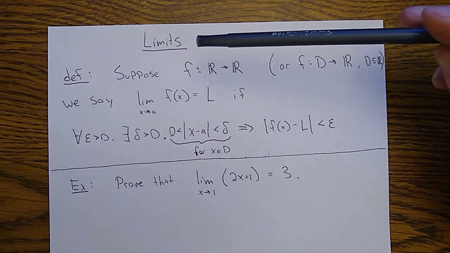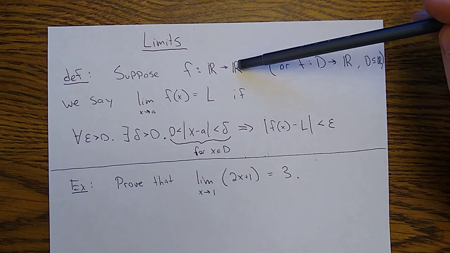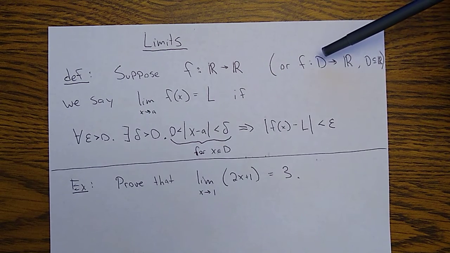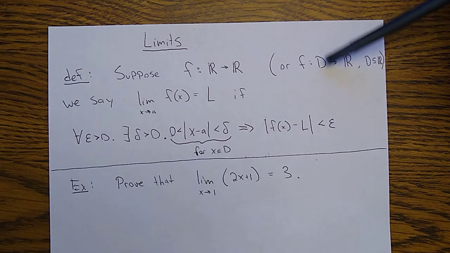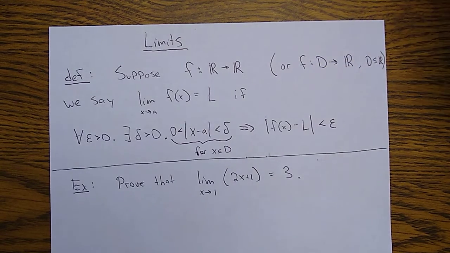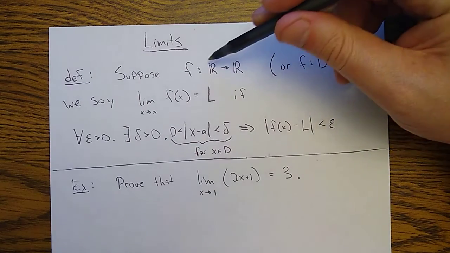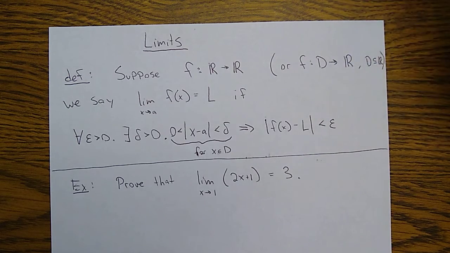But suppose we have a function, say from the real numbers to the real numbers, or actually maybe if D is a subset of real numbers, maybe the domain is just D, maybe the domain doesn't have to be all real numbers. So we have a function like f from some set of real numbers to the real numbers.